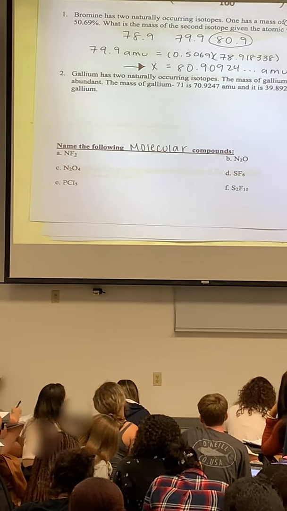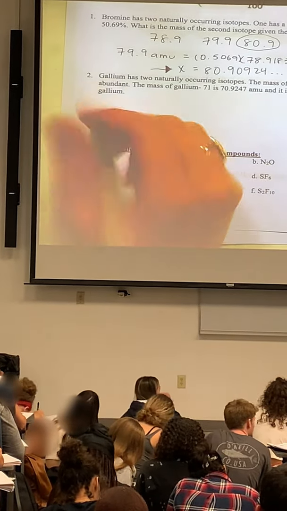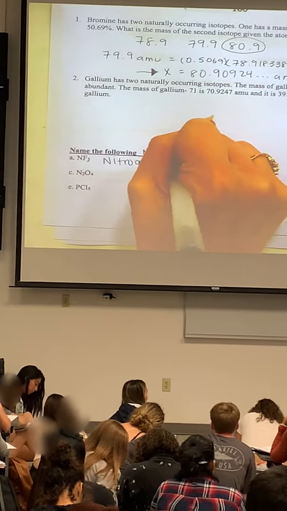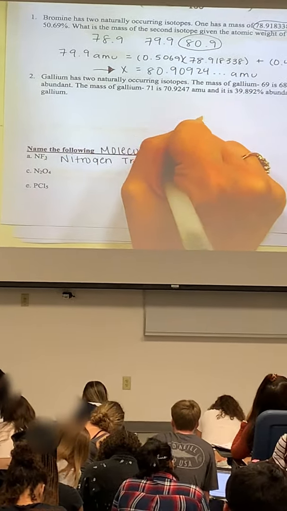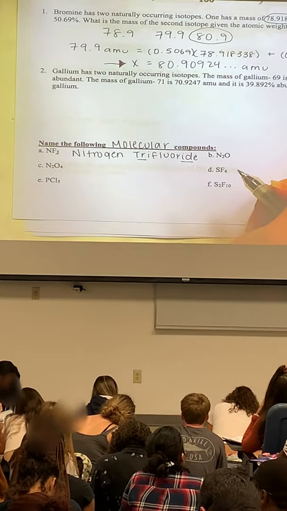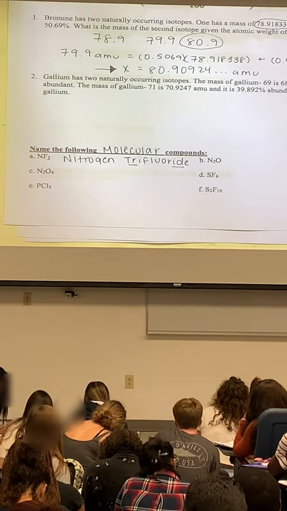So if we have NF3, I want you guys to tell me what the name would be. Nitrogen, tri, and then fluoride. So the beginning and the end of the second word changed because we have a prefix and a suffix. What about N2O?